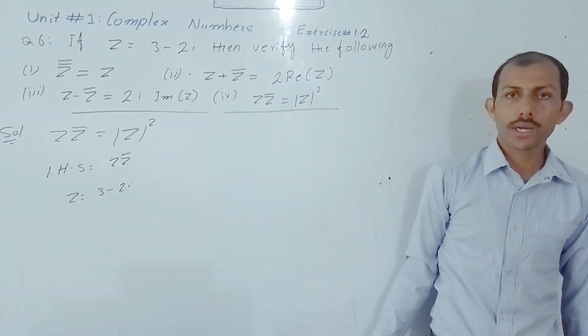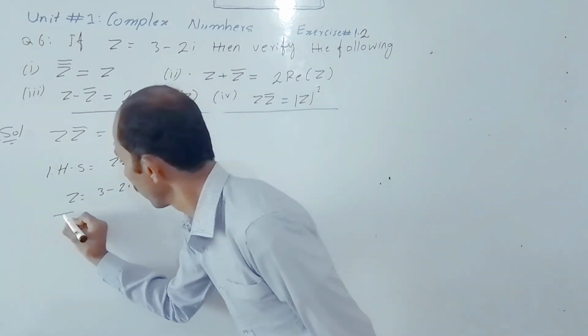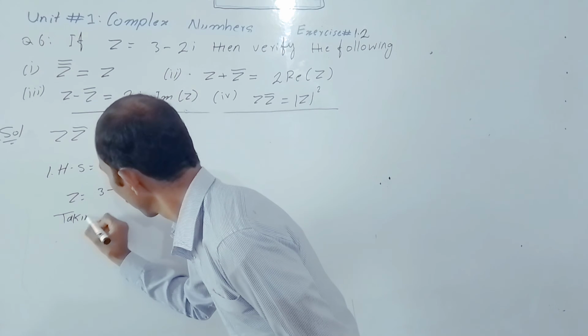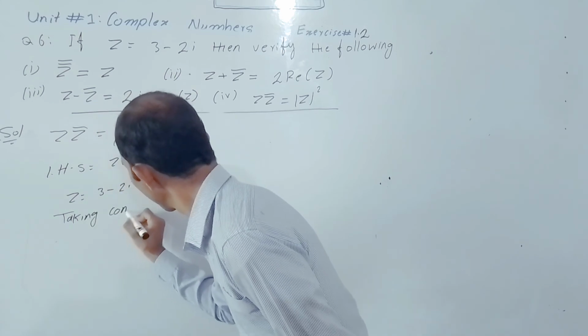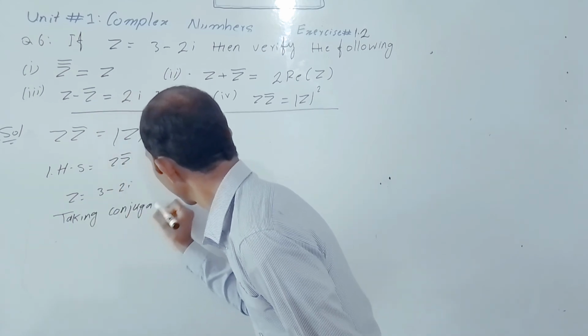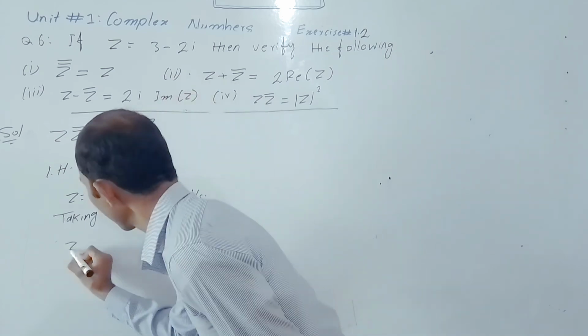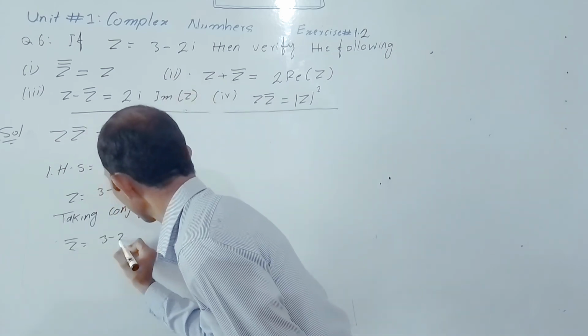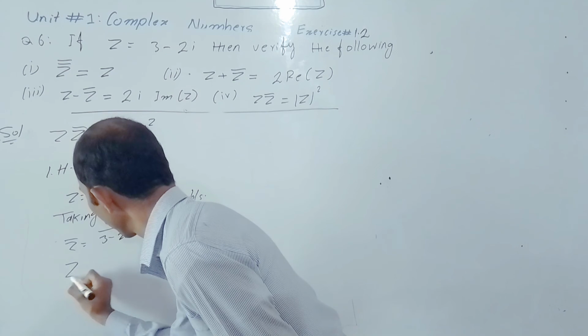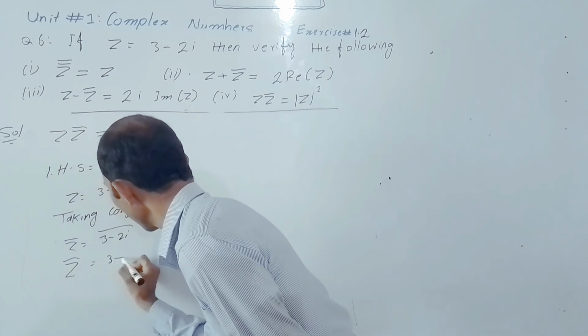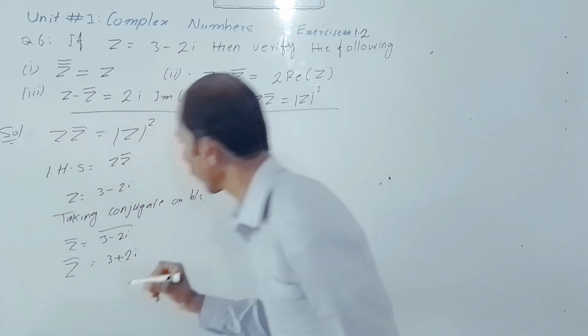Taking conjugate on both sides, so z conjugate is equal to the conjugate of 3 minus 2i. Z conjugate is equal to 3 plus 2i.